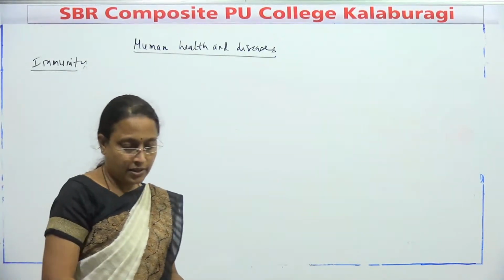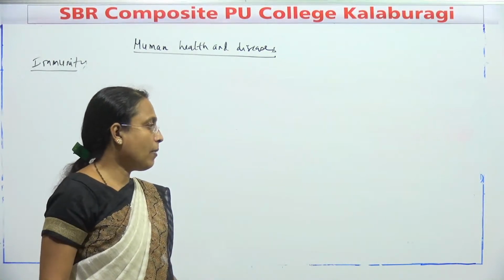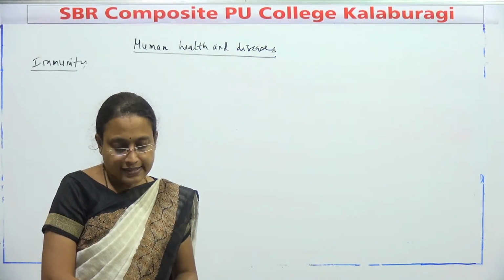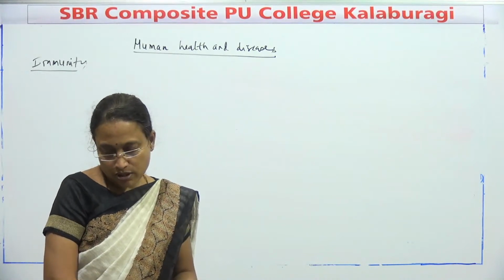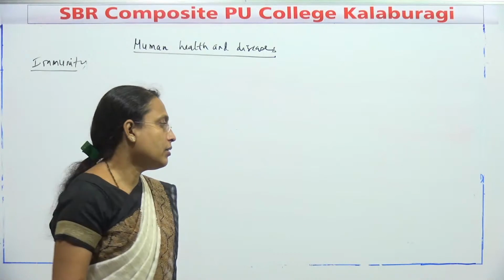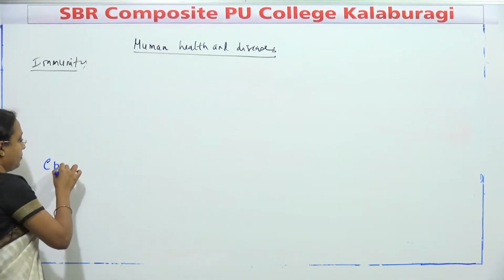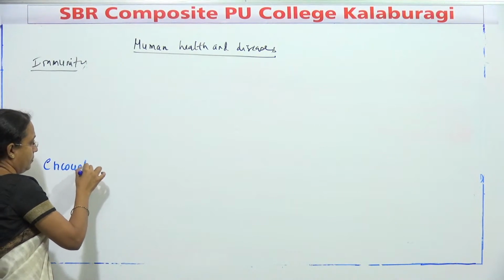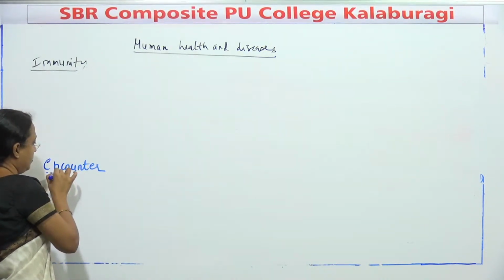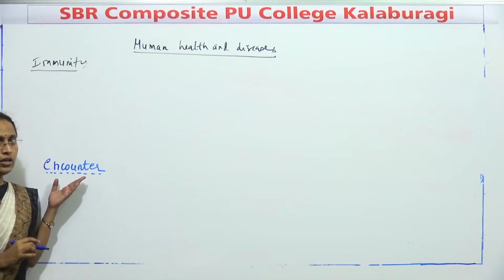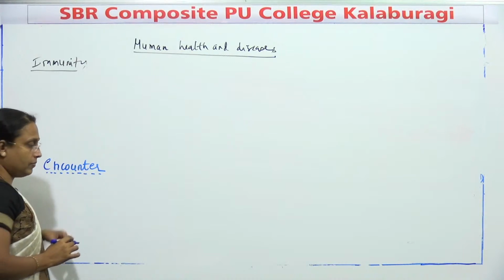Now next, I'll be explaining about the primary immune response and secondary immune response. And you should know certain terms like encounter. So what is called an encounter needs to be known.